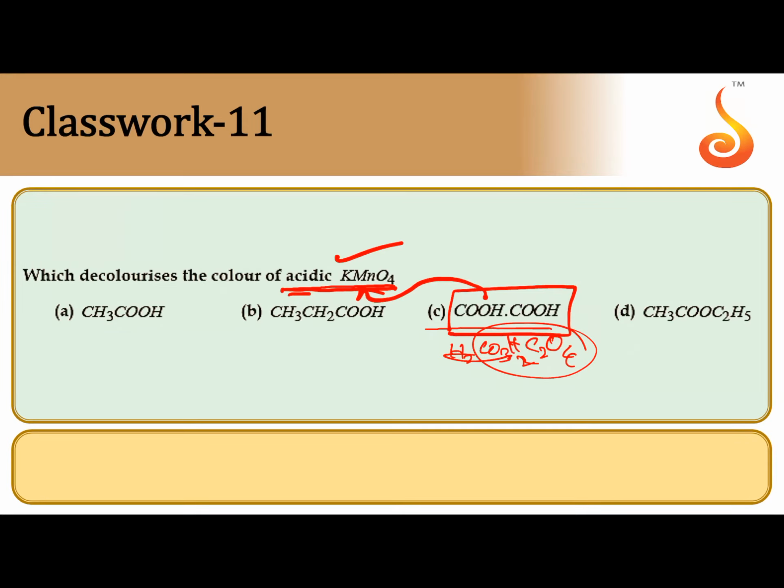So what happens? It forms a carboxylic acid. Since base is already there, the formed carboxylic acid undergoes neutralization, producing a salt. Here Na plus ions are present. That's why the sodium salt of the carboxylic acid is obtained.